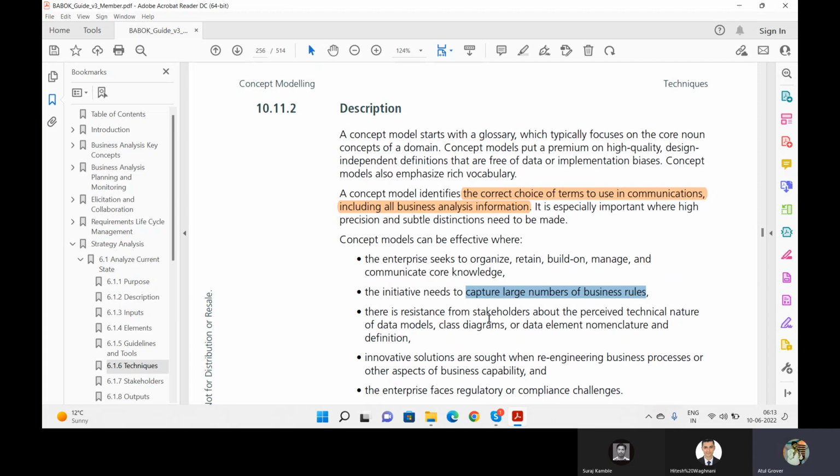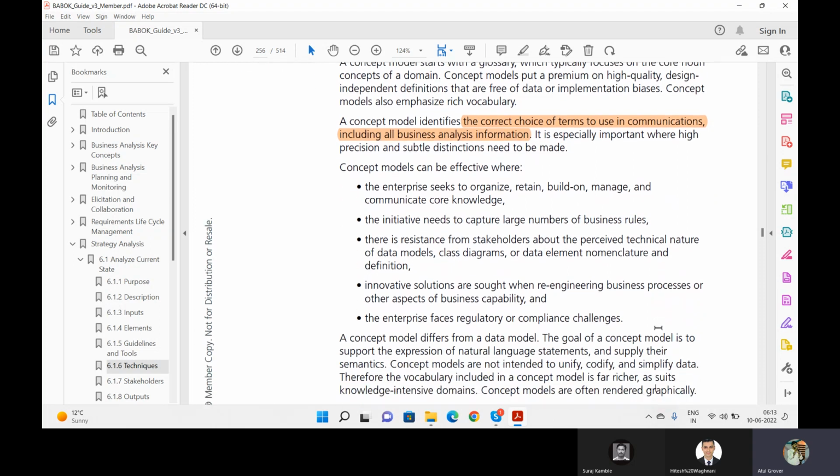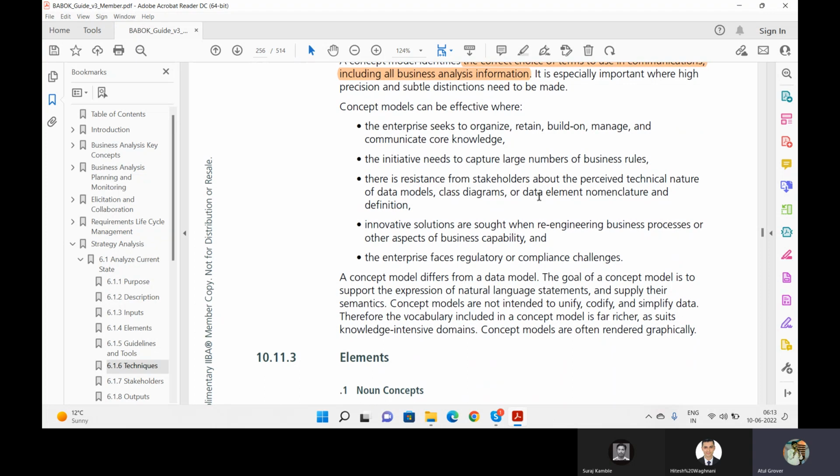This is the resistance from the stakeholder about the perceived technical issues of the data model, class diagrams of the data, or the data element nomenclature. Okay, so it means that when you're talking to your customer specifically on the data part, on the process modeling part, on the process documentation part, these words are very helpful for us.